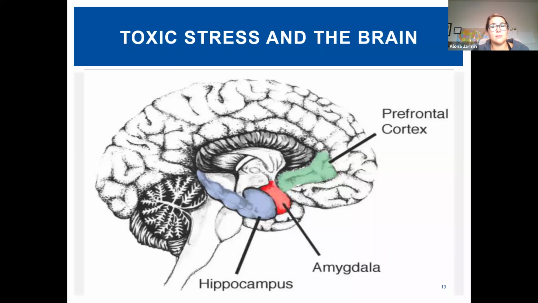The hippocampus plays an important role in memory, including the way memories are stored, the way memories are retrieved, and the ability to differentiate between past memories and present realities. Brain imaging in people who have experienced childhood trauma has shown reduced size in the hippocampus.